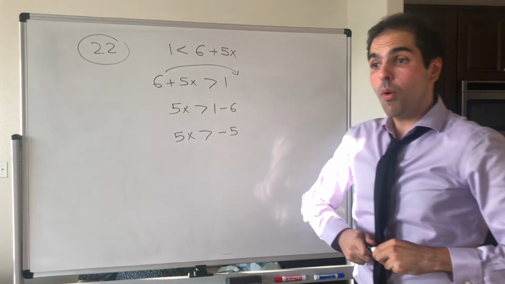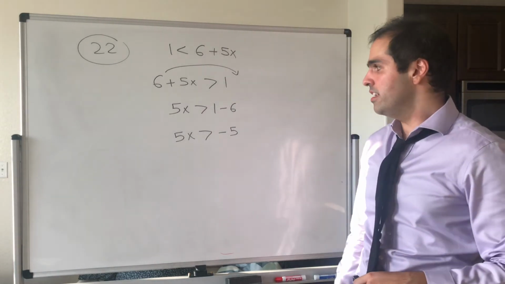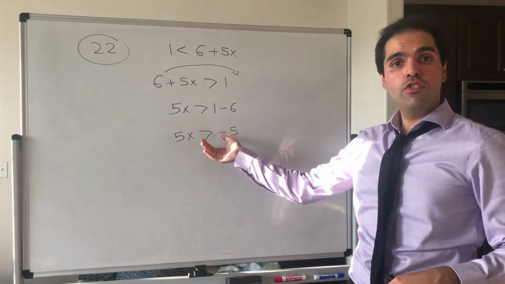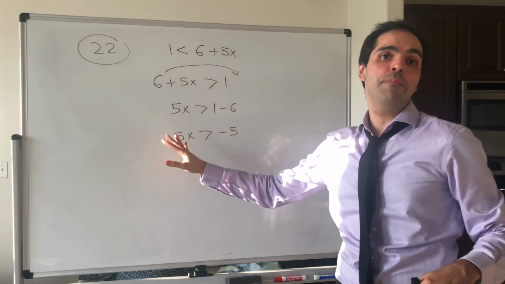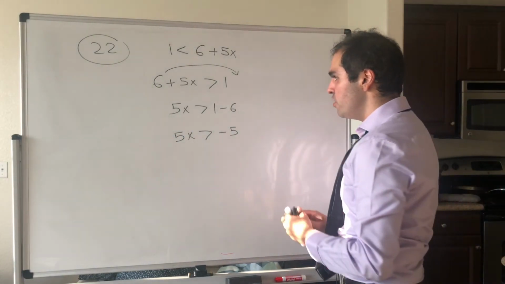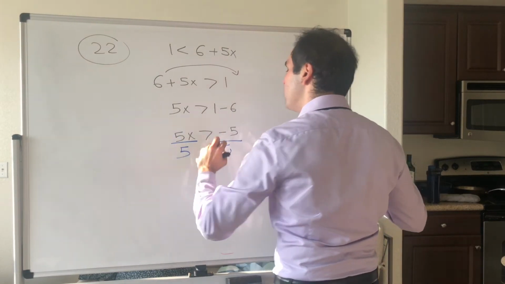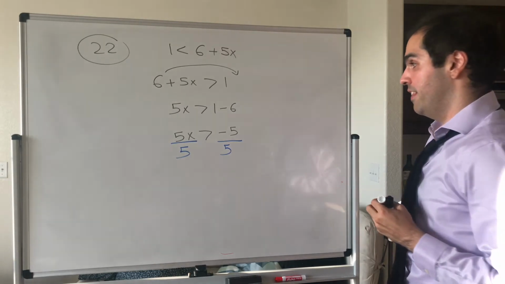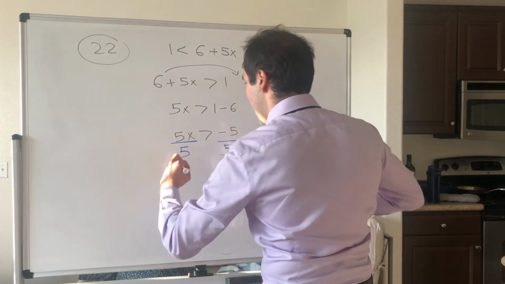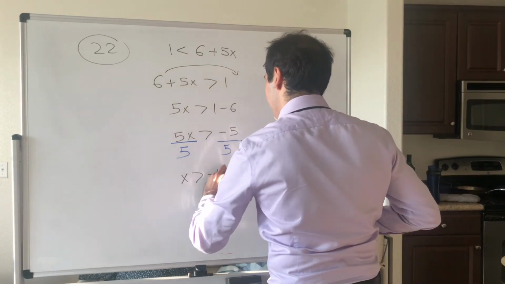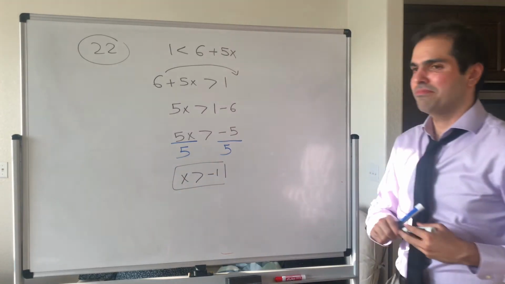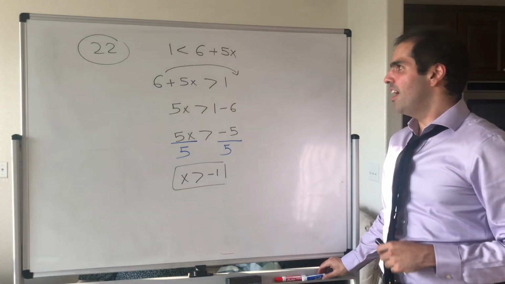The important thing about inequalities is you only have to change the sign if you divide by something negative. Here you're dividing by a positive number 5, so you don't have to worry about anything. So x is greater than minus 1. And that's it. All right, next question.